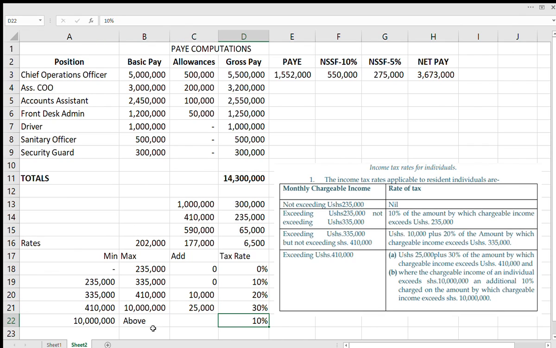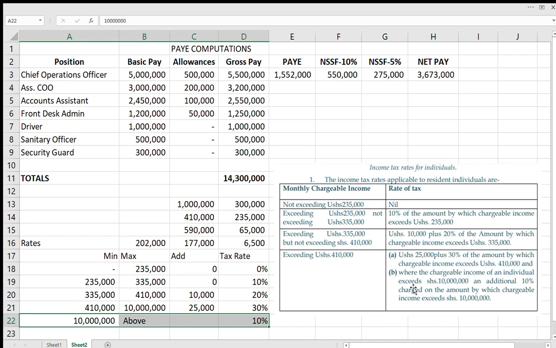But anybody who is going above 10 million, yes, will have to pay the money for being above 410,000 shillings, but also pay additionally 10% for going above 10 million. I think you get that.